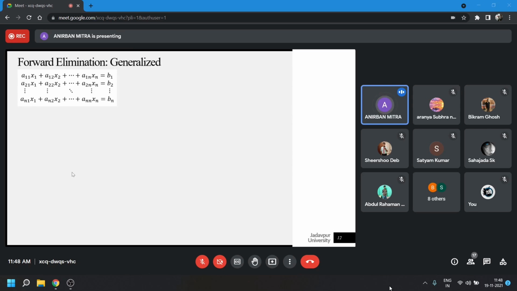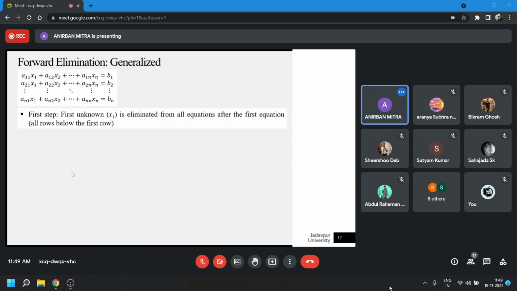Now, of course, we cannot talk about a specific case. We have to keep the generalized nature of the problem in mind. So what we have to implement finally is the forward elimination steps for n number of equations, and then the back substitution for the same n number of steps, or rather n minus 1 steps, I think.